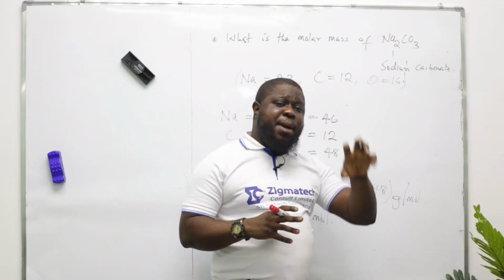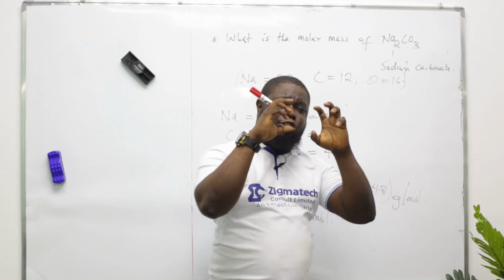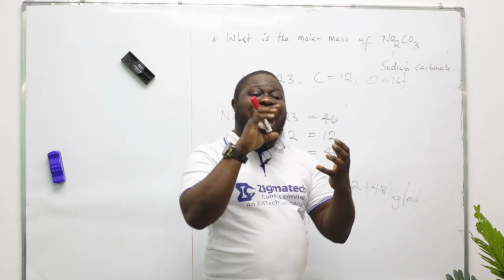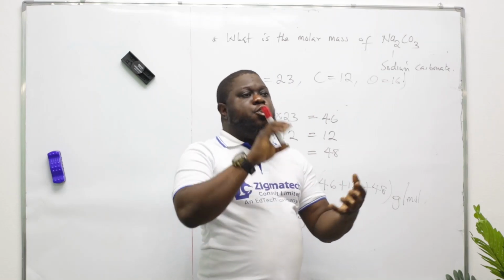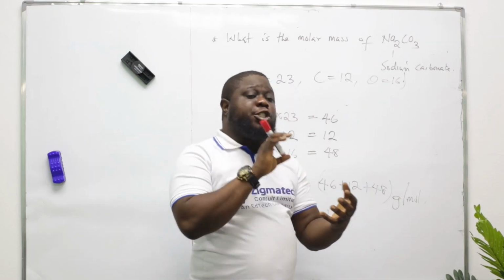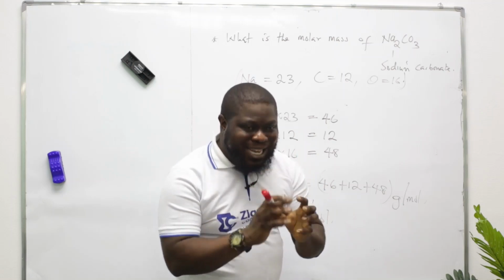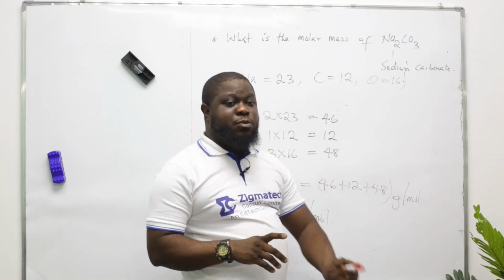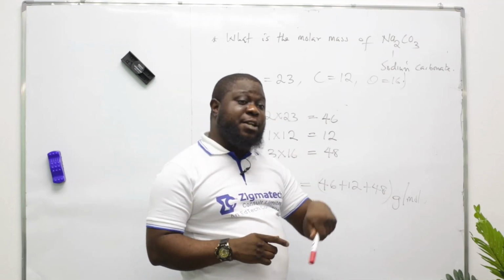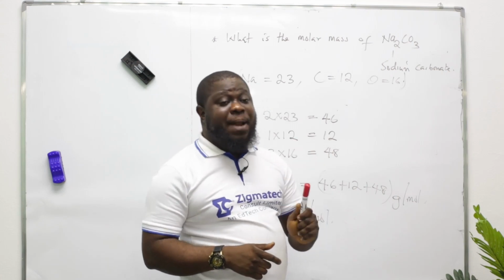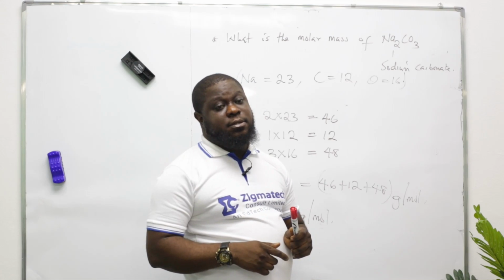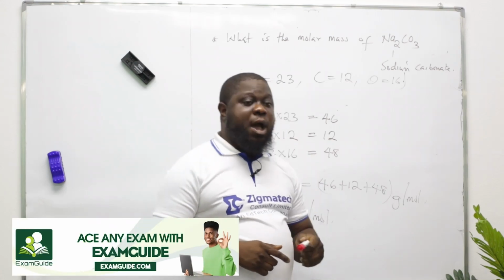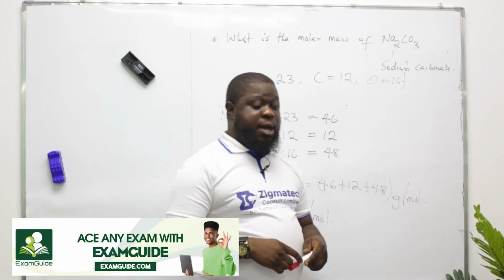But if the element given has a subscript, if it has a number of atoms, you multiply the number of atoms present in the element by the mass number before you start doing your addition.